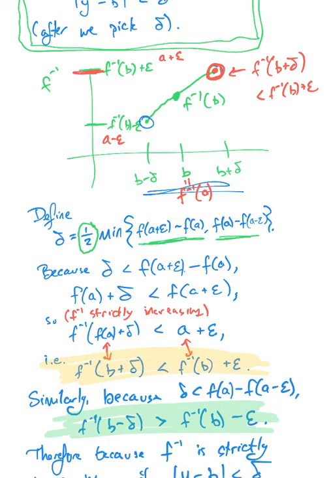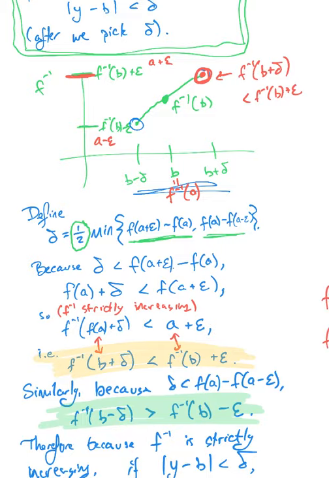Mm-hmm. So you're trying to find a way to make the deltas for the f inverse using the epsilon from the original one, because that can get really small. That's how I think about it in my head, like an intuitive thing. Mm-hmm. So that's kind of what we're doing here.